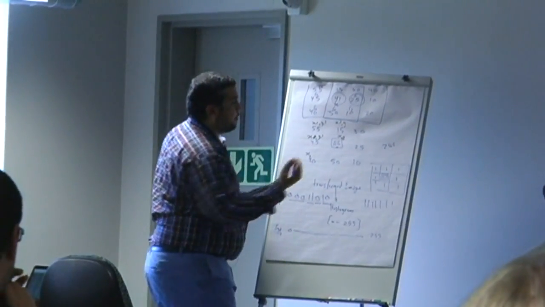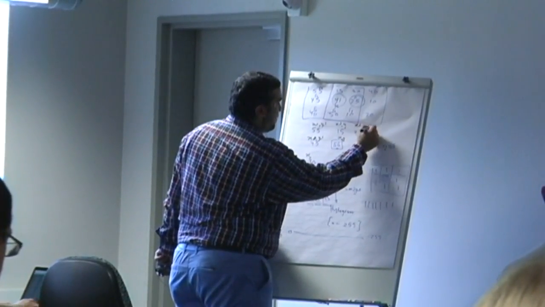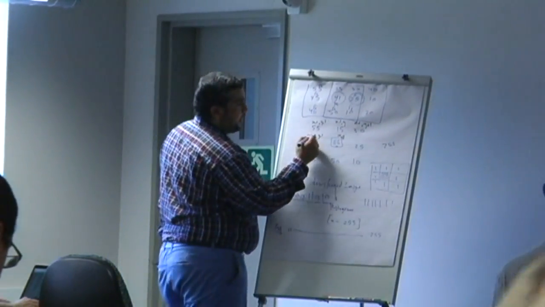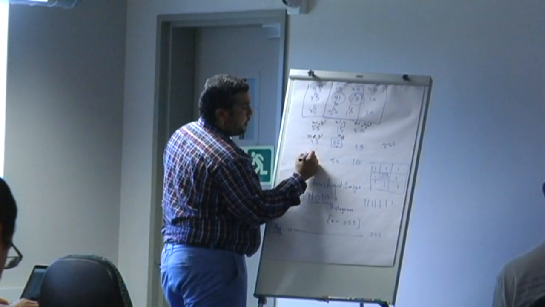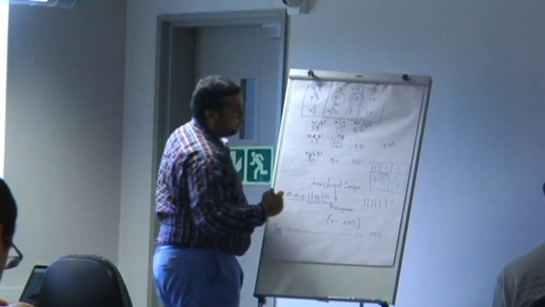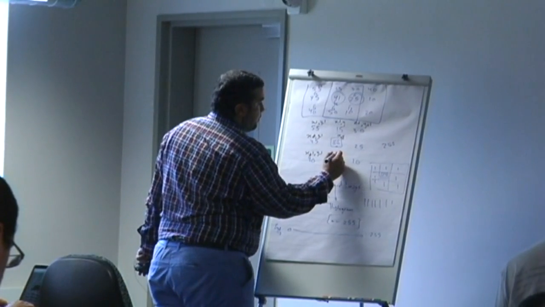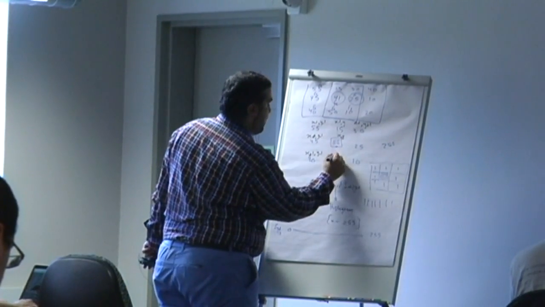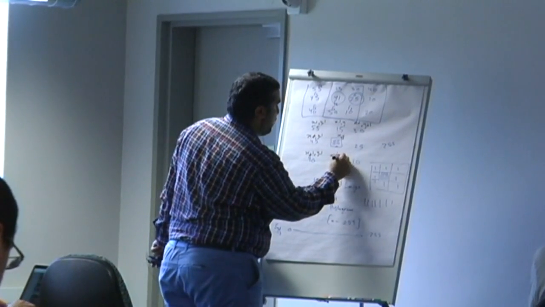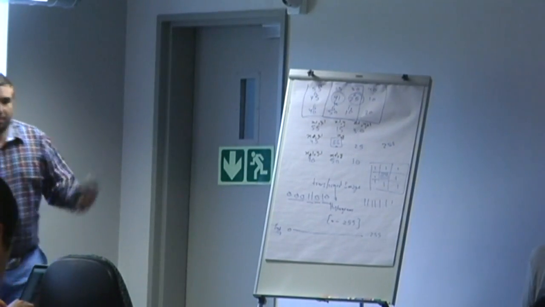Please correct me if I'm doing something not right. So x - 1, y + 1. This one will be x and y - 1, true. Then we have x + 1, y - 1. And this one will be x + 1, but still y. I'm right, and you can continue.